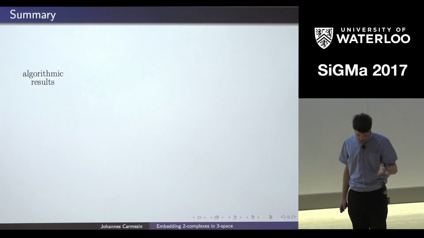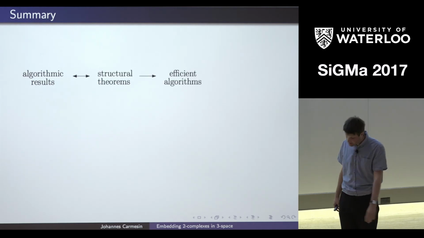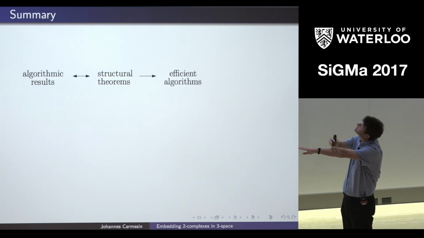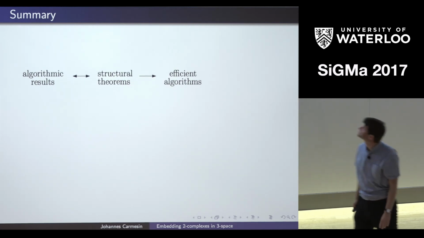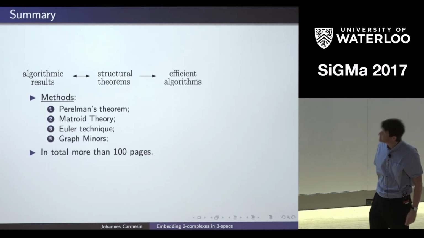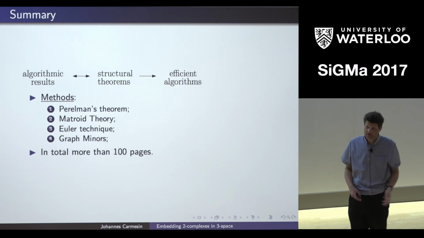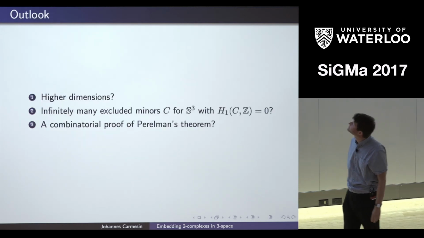Right, so far there were some algorithmic results, and now we proved some Kuratowski type characterizations of embeddability, which lead to efficient algorithms. In the proof, we use Perelman's theorem as a black box, and methods from matroid theory, topology, and graph minors, and in total it's more than 100 pages.